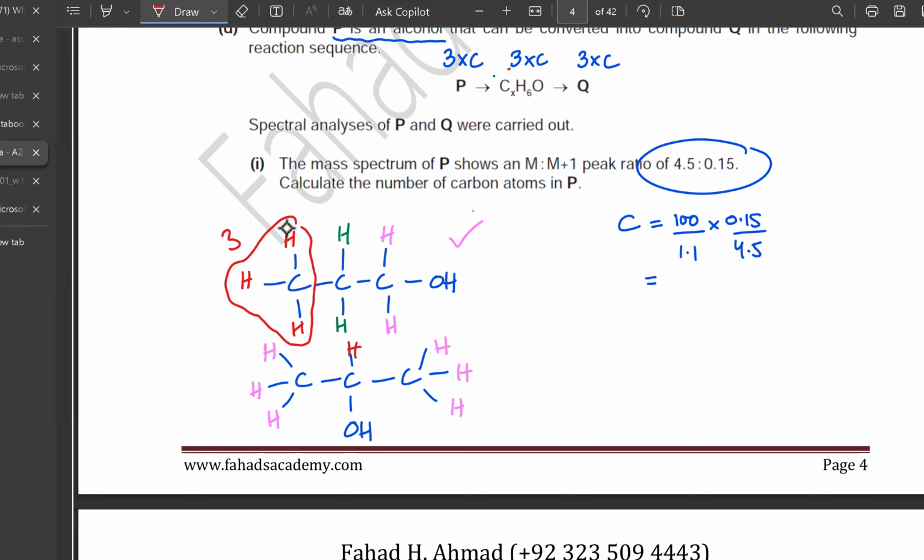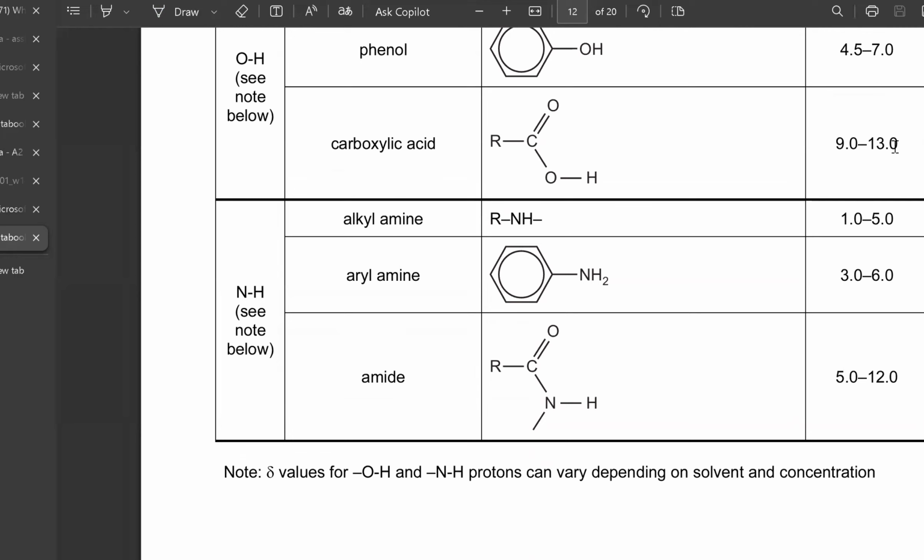So what is Q? I told you, your data booklet is very helpful in identifying one thing, and that's a carboxylic acid. Because the carboxylic acid has a very different peak compared to all the others. It's got a very high chemical shift. So this peak over here indicates that this is a carboxylic acid.